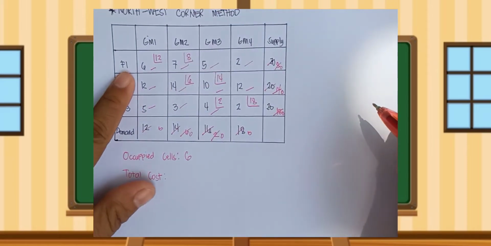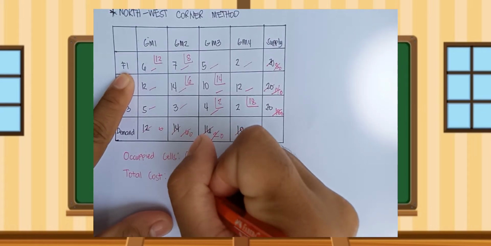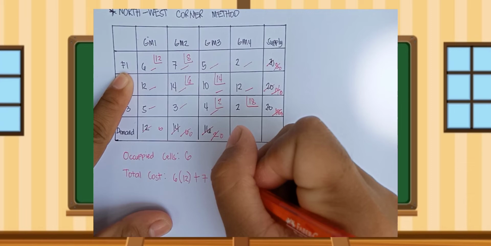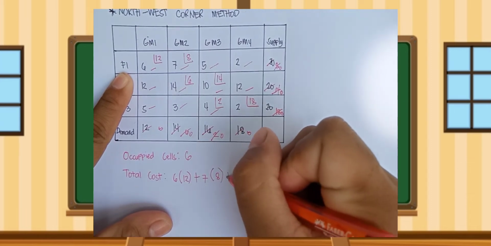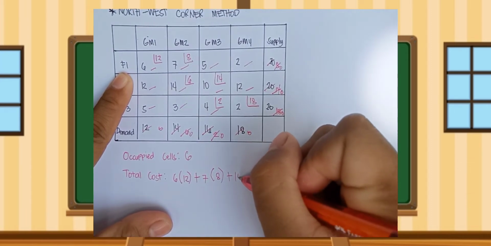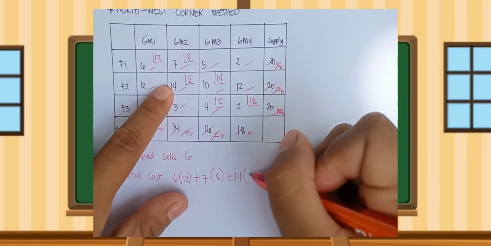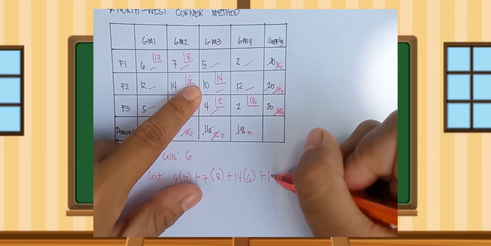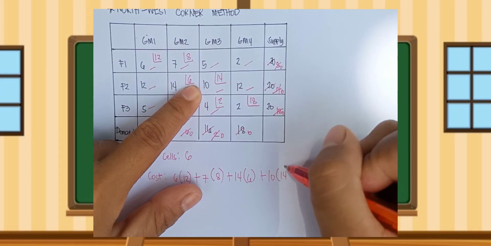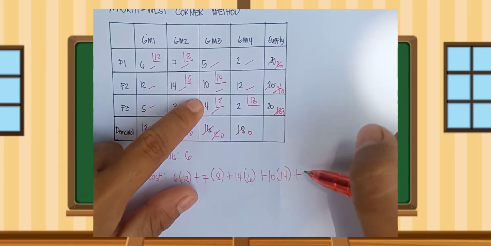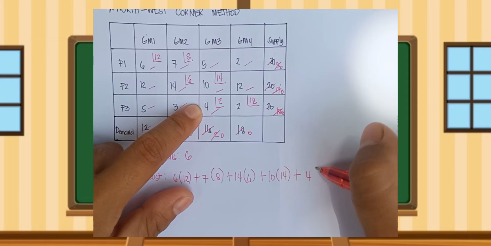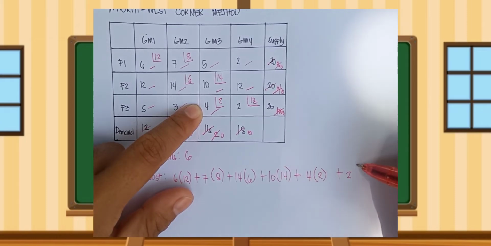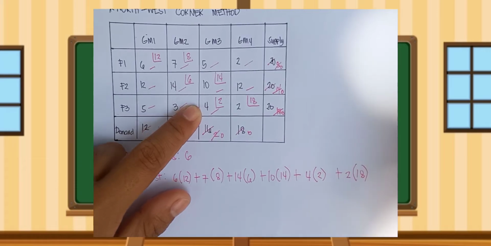So we have 6 times 12 plus 7 times 8 plus 14 times 6 plus 10 times 14 plus 4 times 2 plus 2 times 18.